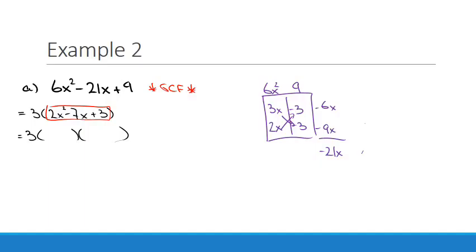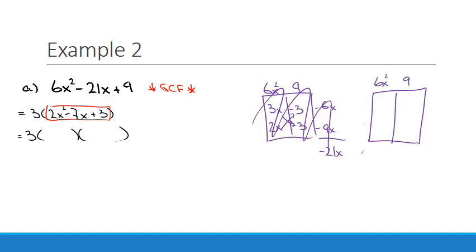So I'll have to make a new box, unfortunately, because my little software here doesn't let me just erase things. 6x squared, that's 9, negative 21x, 3x and 2x. So always just keep trying this side until you exhaust all your possibilities, then move finally to this. So I'm leaving 3x and 2x alone.